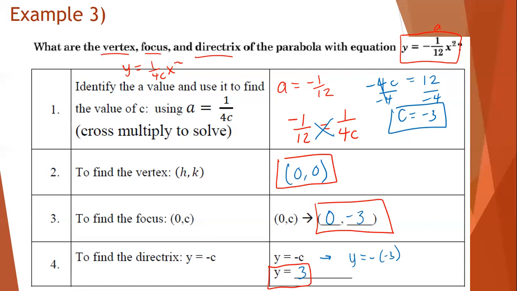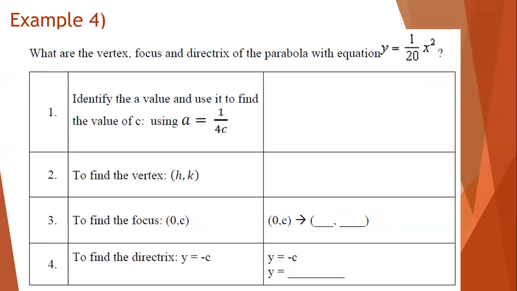All right, let's do another one. So this time we have y equals 1 over 20x squared. And again, we're going to identify our a and use it to find the value of our c. So in this problem, our a equals 1 over 20.